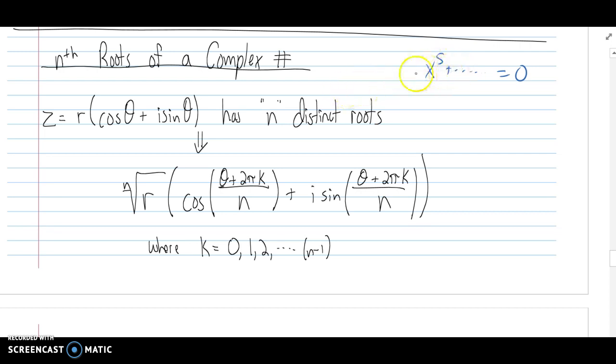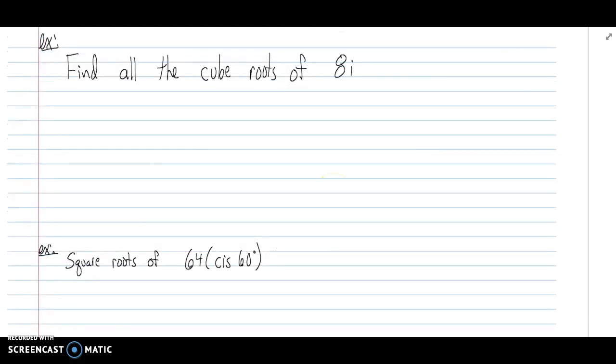And if we convert these different numbers into the polar form, then we're able to find all of the roots that are necessary. And here is the formula for that, which looks like kind of a confusing formula. So instead of trying to explain all these little details, let's just go into an example and see how it practically works. So in this one, we want to find all the cube roots of 8i. What are the 3 different numbers that multiplied by themselves 3 times that will give us 8i?